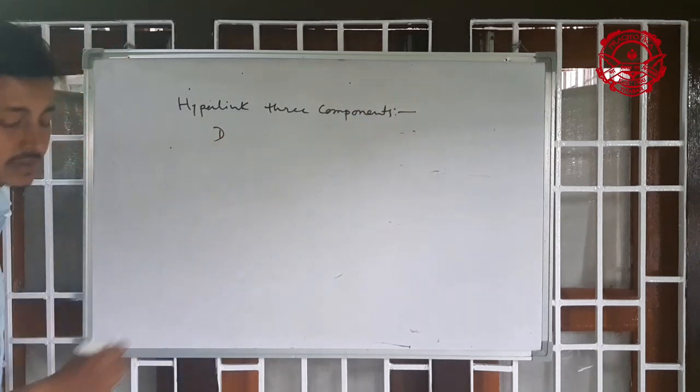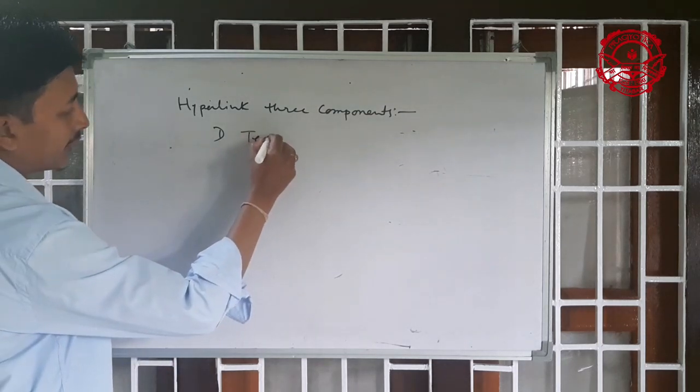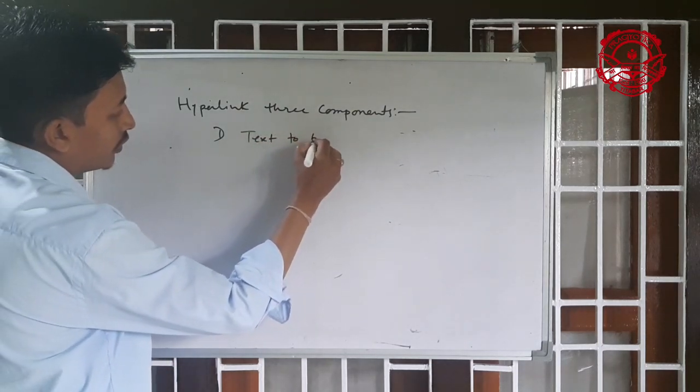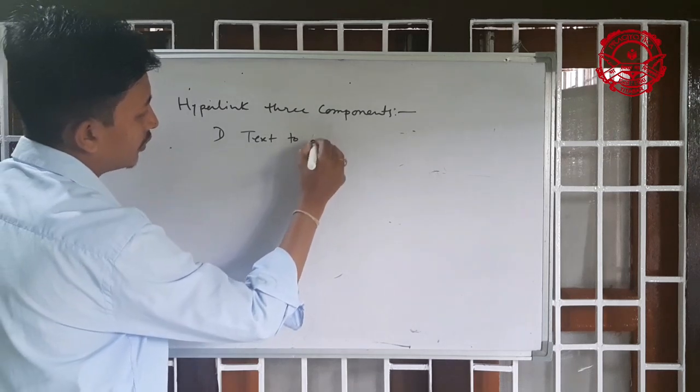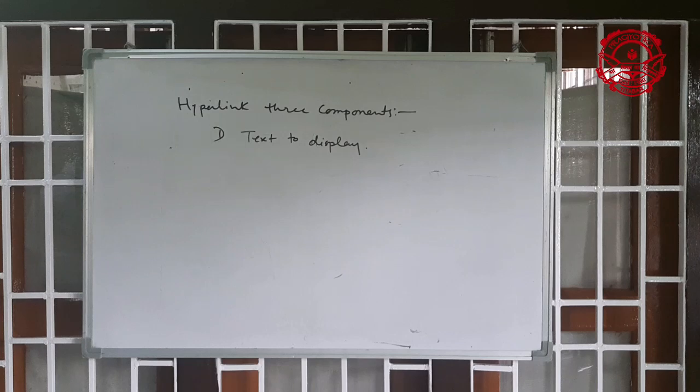The first one is text to display. Text to display means what type of text you want to display, which is a link or a hyperlink.